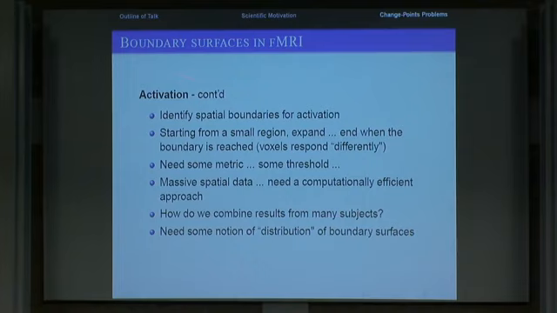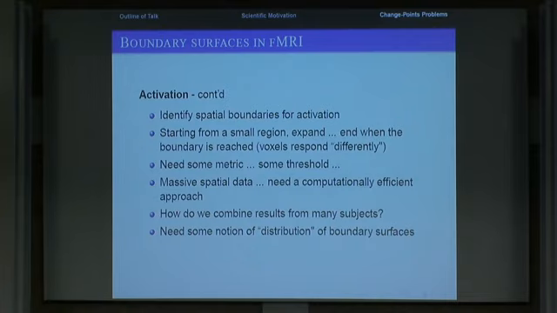Now, for activation, how do we combine results from many subjects? Perhaps the boundaries might differ as you go from one subject to the next. So we need some notion of a distribution of boundary surfaces. Here's some sort of average boundary, but then there's a bit of a spreading out.